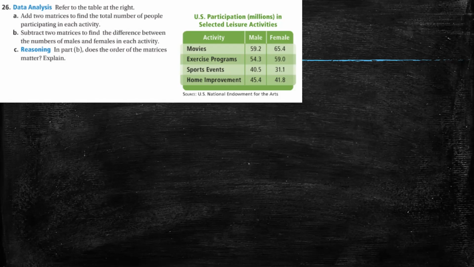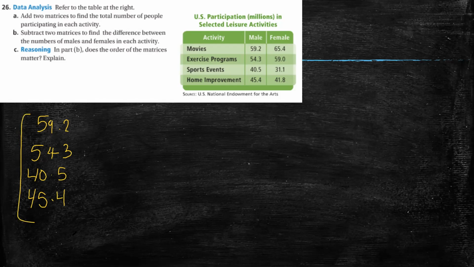So let's first represent the first matrix, which is for the male: 59.2, 54.3, 40.5, and 45.4.